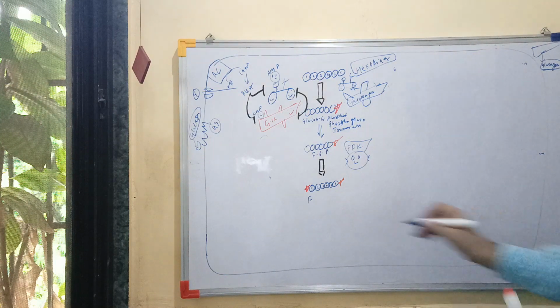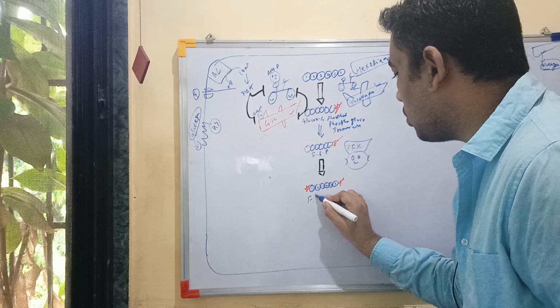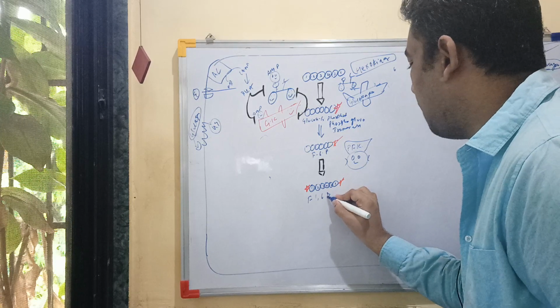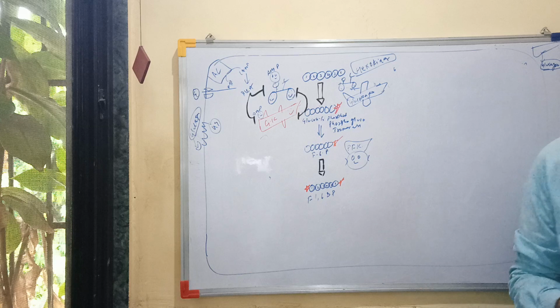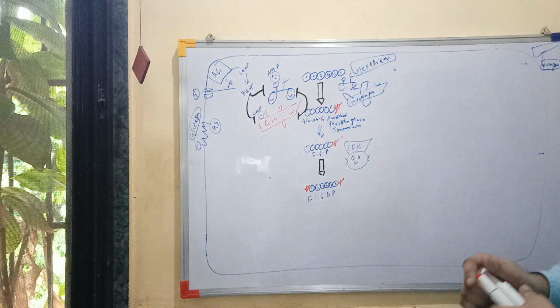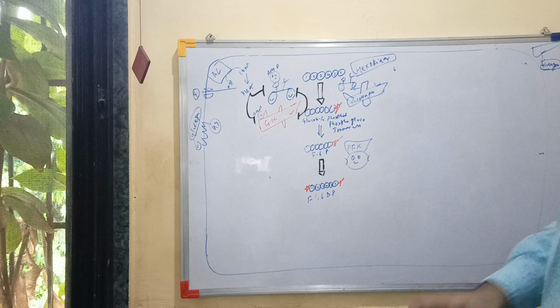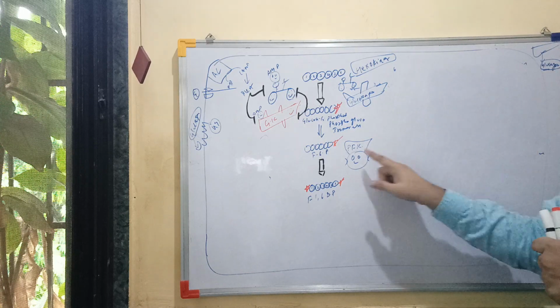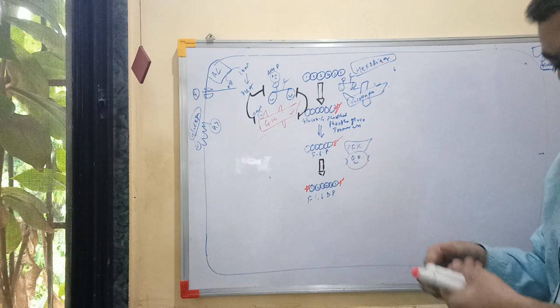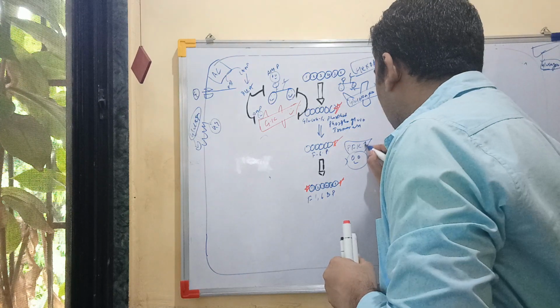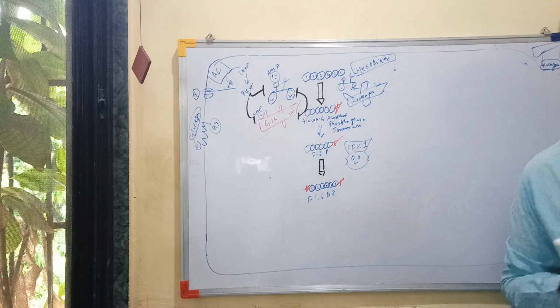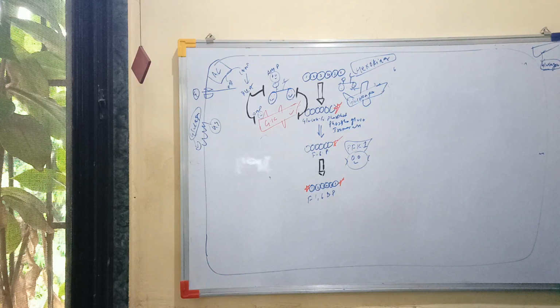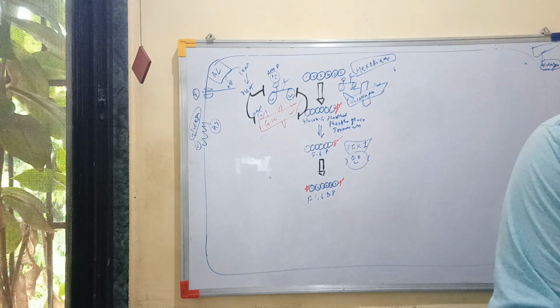The molecule is called fructose 1,6 bisphosphate, and it is very important also. This enzyme is phosphofructokinase type 1. Now you will ask why type 1, which means there is a very high possibility that there is something called type 2. Yes, we will discuss what type 2 is.